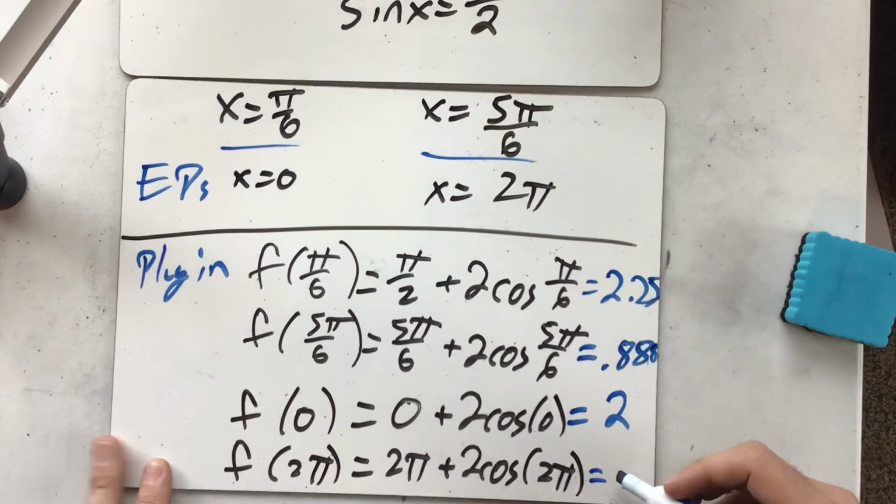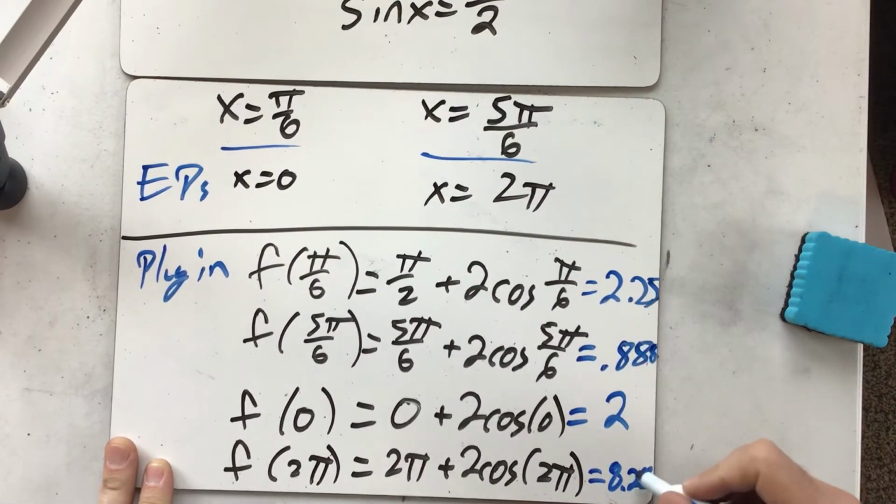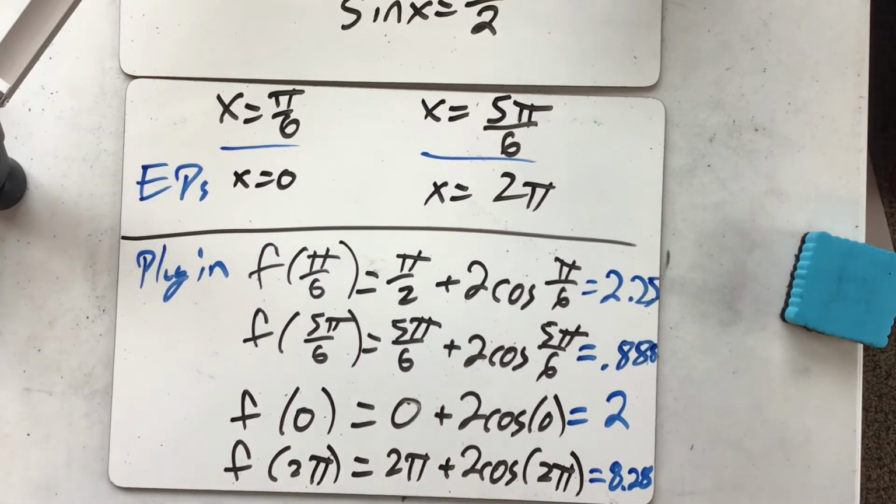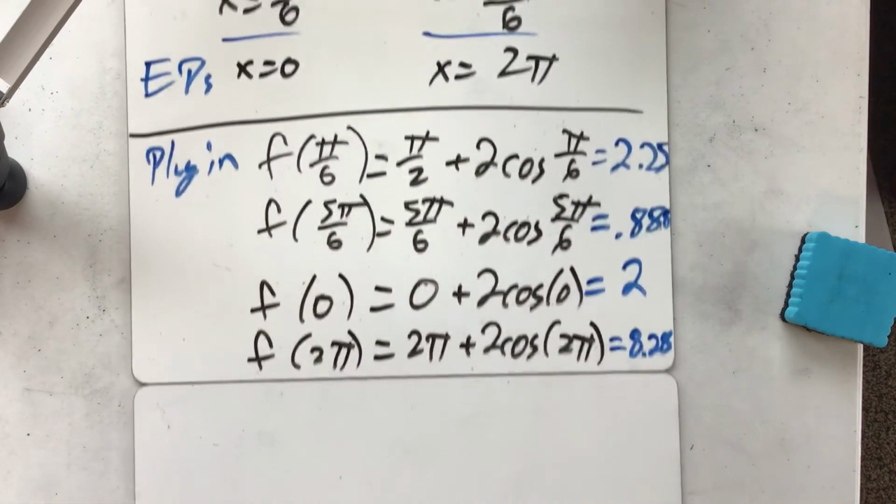So I guess that's 8.28. Okay, sorry about that. I threw myself off because I was just like, oh, cosine 2 pi is 0. It's not 0, it's 1. And so then I had to add 2. And then I was so flustered I couldn't even add 2. So sorry about that. Even your professor has mental breakdowns from time to time.